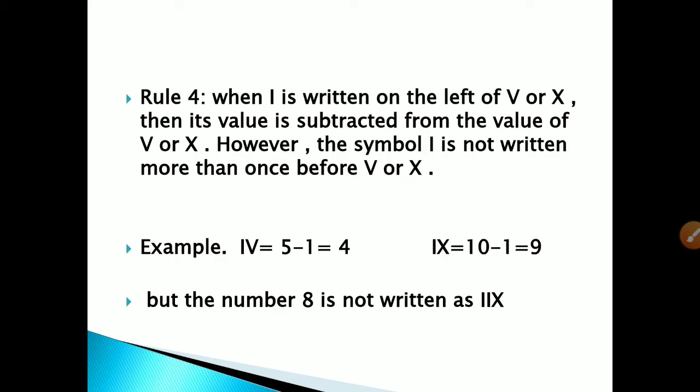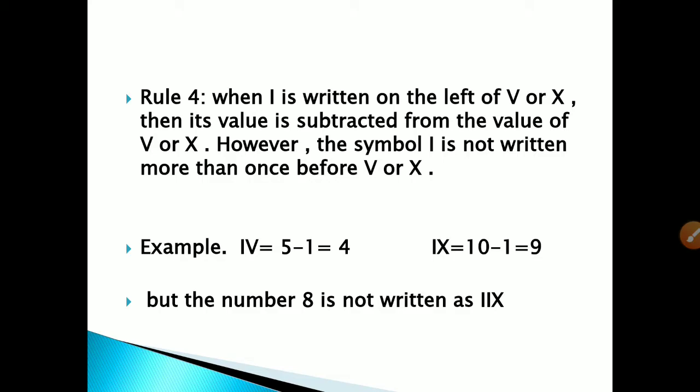Rule number 4. When I is written on the left of V or X, then its value is subtracted from the value of V or X. However, the symbol I is not written more than once before V or X. Listen once again.